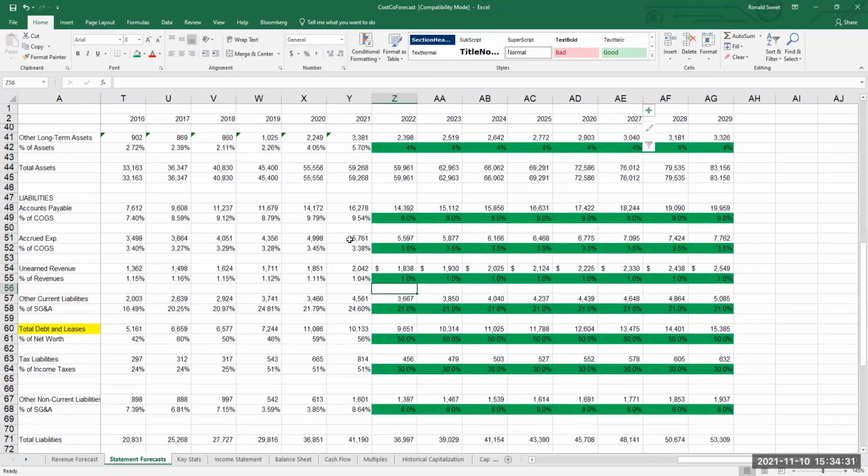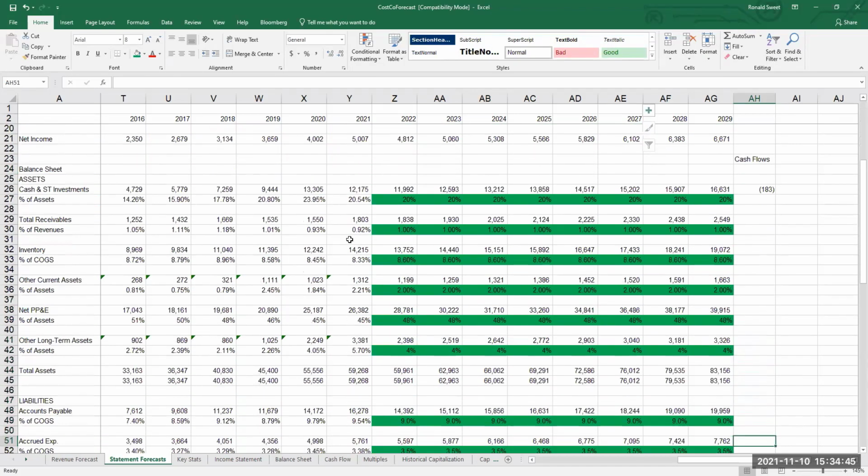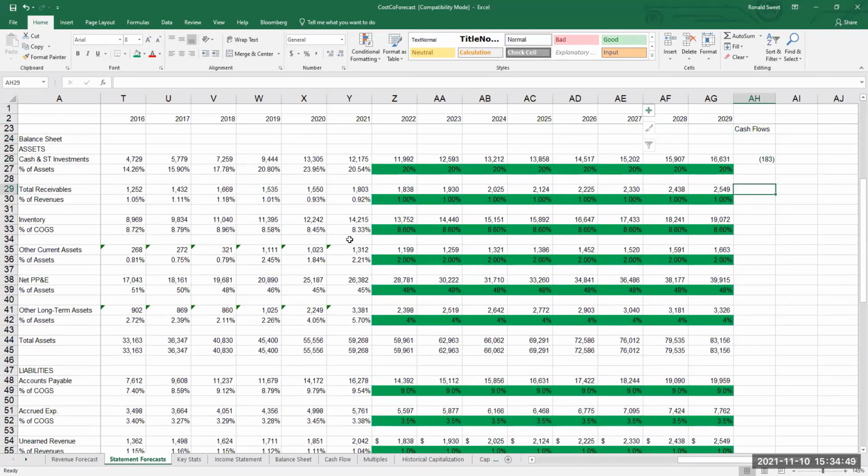All right, so for the cash flows, what we're trying to do for 2022 is we want to know why did cash go from 12,175 to 11,992, and we know it did it because everything else on the balance sheet changed. All right, so we have accounts receivable. Accounts receivable at 35.